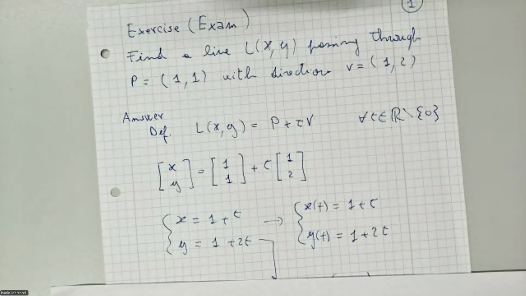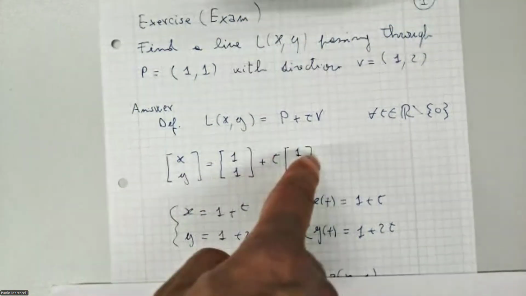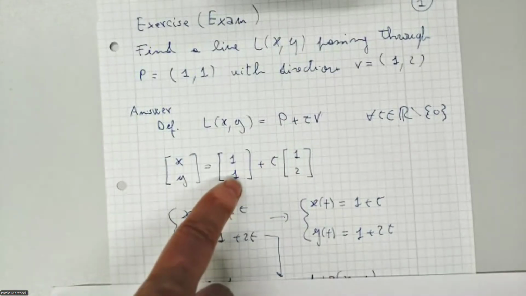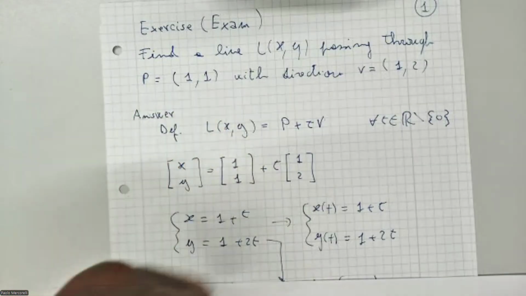This is in accordance with the definition of equality at the beginning of the semester. Do you remember, with Zoom? What is the meaning of equality? Each component must be equal. To be precise, the corresponding component. We can see here x equals 1 plus t, y equals 1 plus 2t. And I write this here.